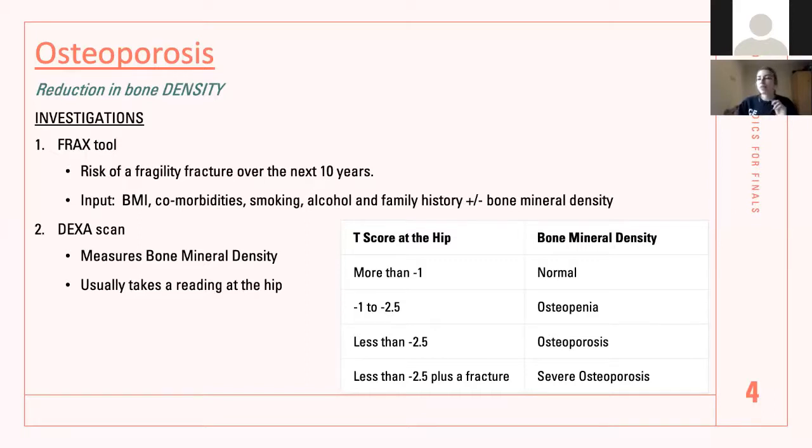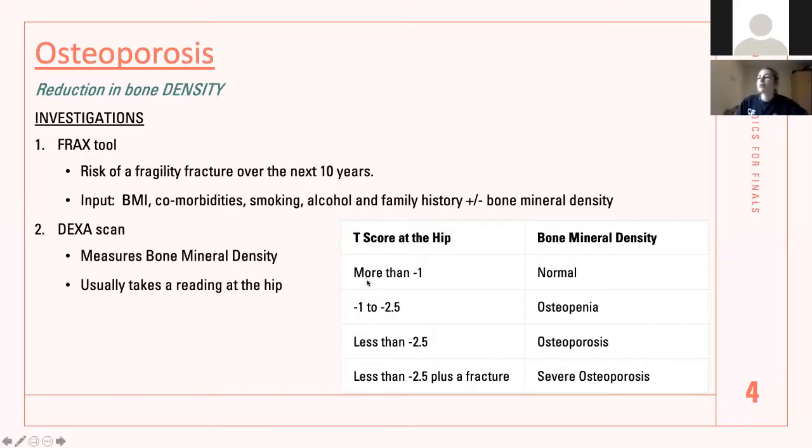It will then give a T-score or a Z-score, and that represents the number of standard deviations that the patient's bone density falls below the mean. The T-score represents the number of standard deviations below the mean bone mineral density for a healthy young adult.